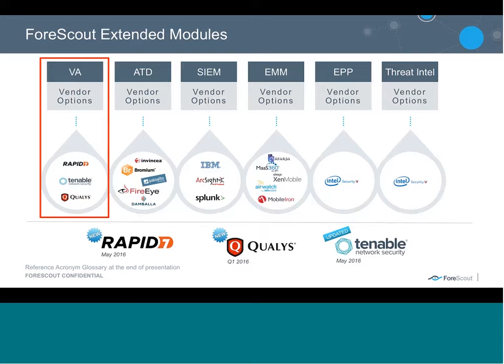The one thing you may notice is Intel MVM is not on this list. The reason for that is because MVM has been identified as end of life, and we've made the decision not to continue promoting that product because of the end of life. And we'll talk a little bit more about that in a few slides.